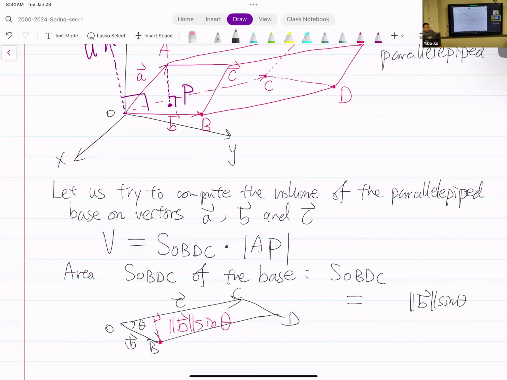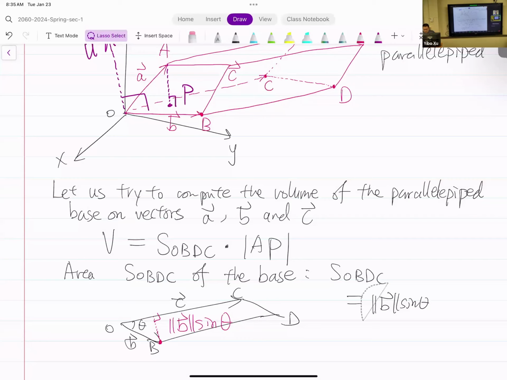The area of the parallelogram. What do you think? Is this correct? Not really, right? That's just height, right? It's just the dashed line distance, which is like a line segment. We need to multiply something to get the area. So what do we multiply?